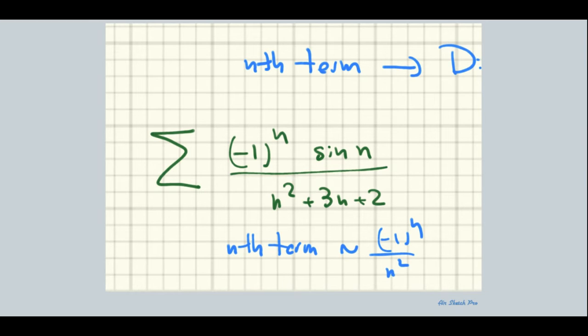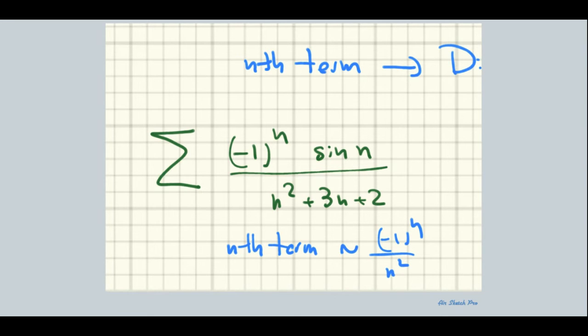It never repeats, but the sine always stays less than 1. Anytime we see sine or cosine, I always think of just replacing it with the number 1 and considering it absolute value. So this is going to be comparable, even though sine is going to go positive and negative, so it's not always going to alternate, right?